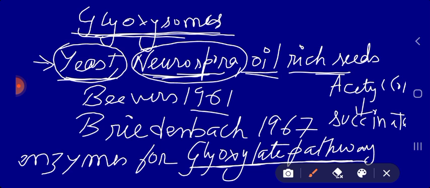Okay, so that's why the name glyoxysomes comes, because they contain the enzymes for the glyoxylate pathway.